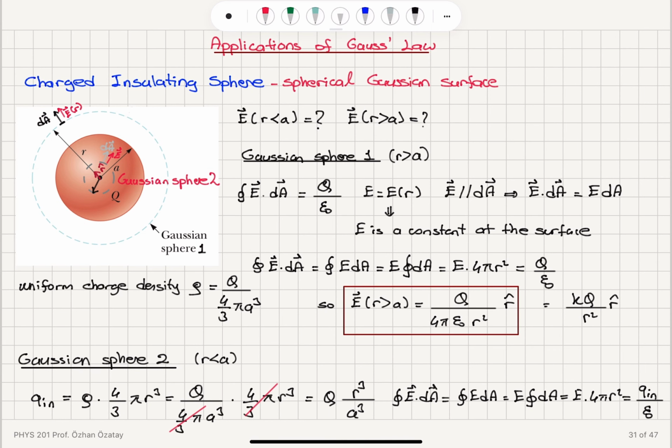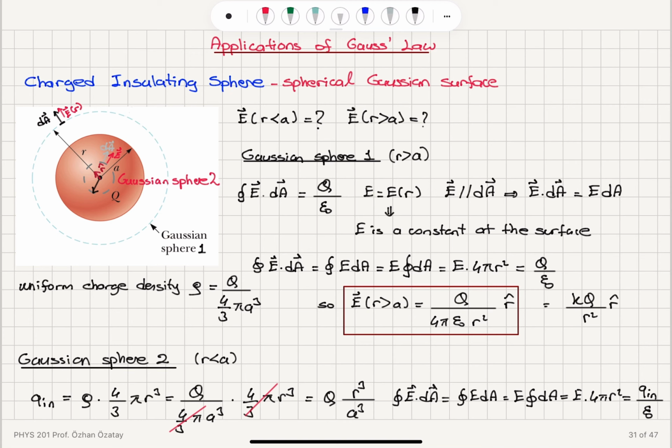Okay, so we have gone through the first application of Gauss's law, that's the charged insulating sphere, which has a spherical Gaussian surface. So we have a uniform charge distribution. Charge density rho is Q divided by 4/3 pi a cubed, the volume of the sphere. We consider two Gaussian spheres, Gaussian sphere 1 for r greater than a and Gaussian sphere 2 for r less than a.